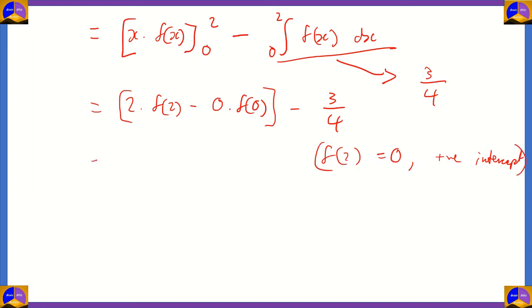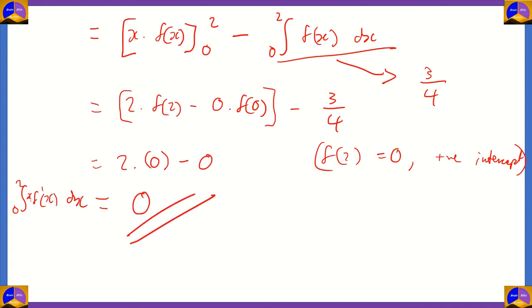So therefore it'll be 2 times 0 minus 0, so the right side will be already 0. There is no 0 actually because there is also minus 3 by 4, so it is basically 0 minus 3 by 4. That is equal to minus 3 by 4 square units.